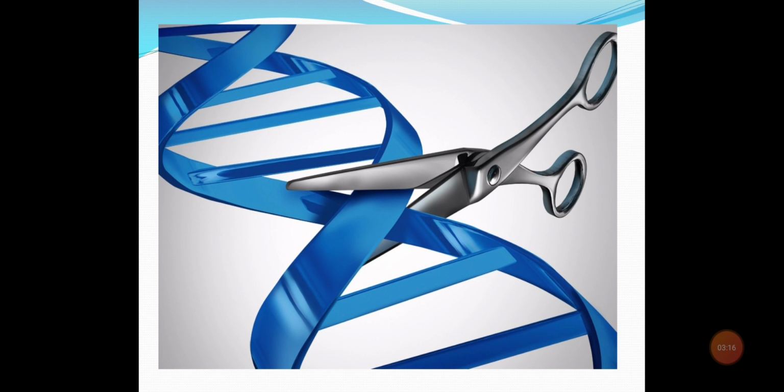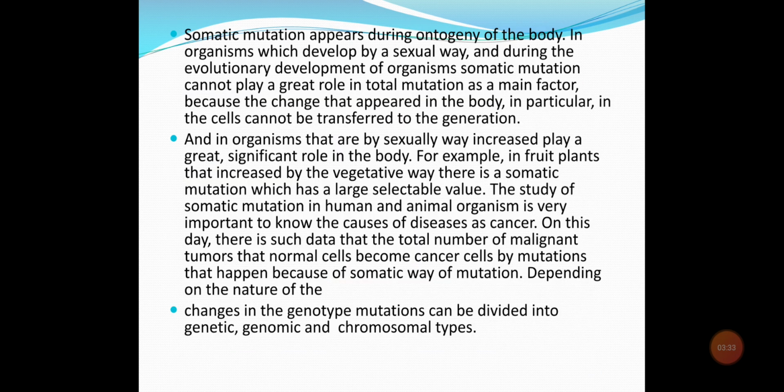An insertion or deletion of a number of nucleotides that is not a multiple of 3, that is not a multiple of the codons that exist in the genetic code, will cause the reading frame to shift, which will change the amino acid sequence of the polypeptide chain, and this is known as a frame shift mutation.